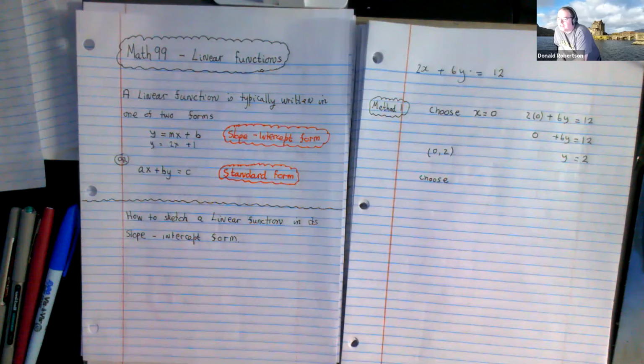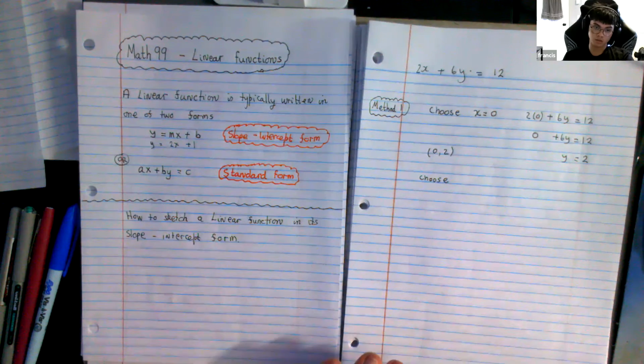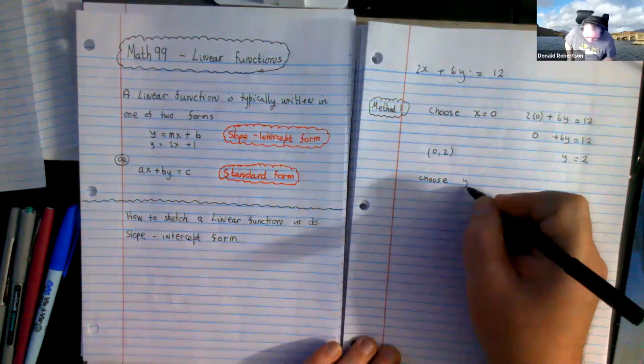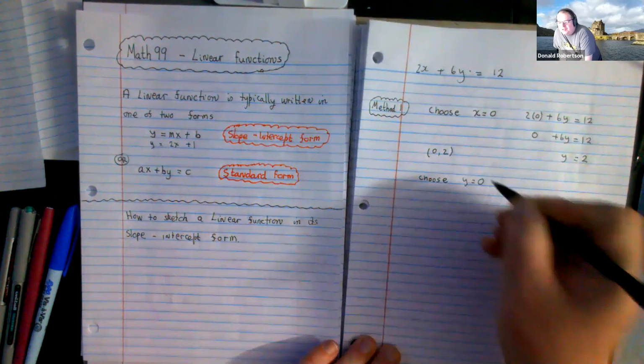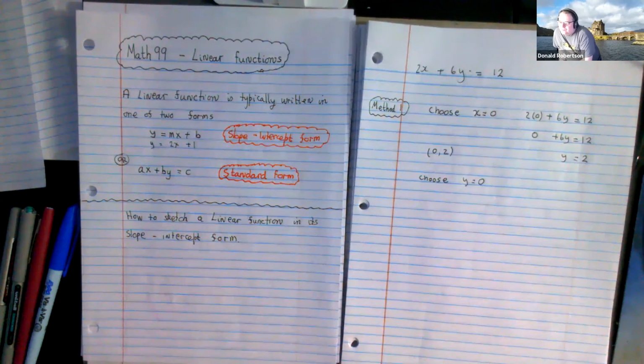But I'm not going to choose that. There's nothing wrong with that, because it would work. I'm going to choose something else, and it's not an x equals anything. Is it y equals 0? Yes. Why do you think y equals 0 might work well? Can you see it's going to be quite a nice number, at least in this question?